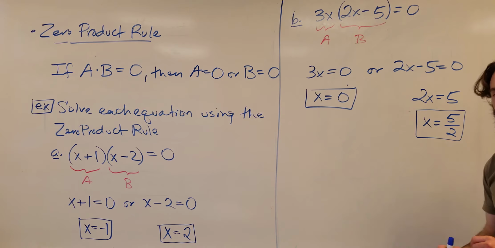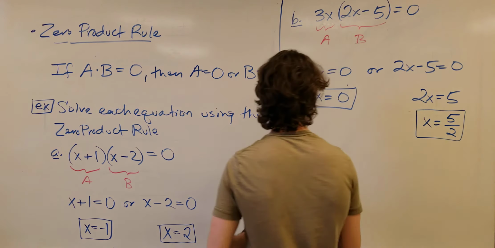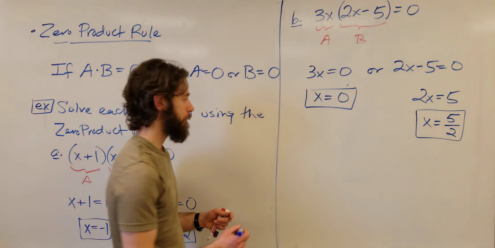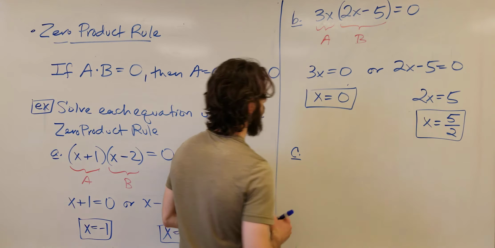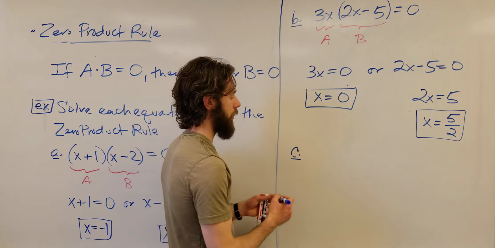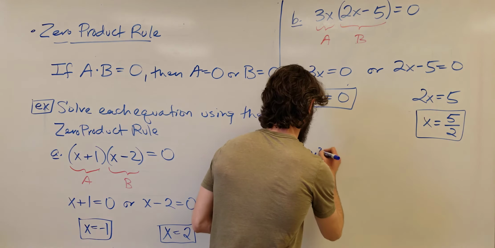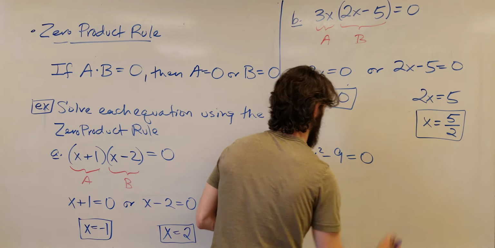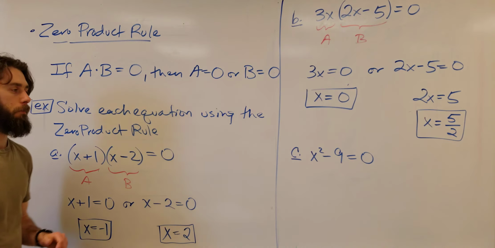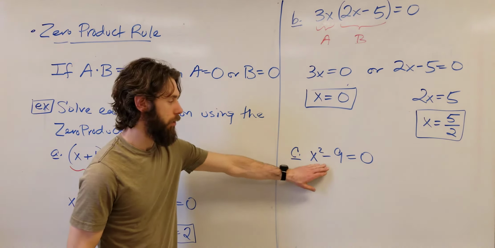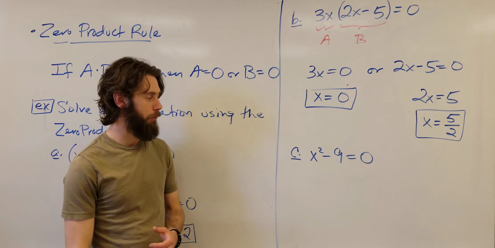Okay, let me do one of our kind of familiar examples, the one we did actually in the last video. So this is x squared minus 9 equals 0. Okay, so we could use the square root property like we did before.